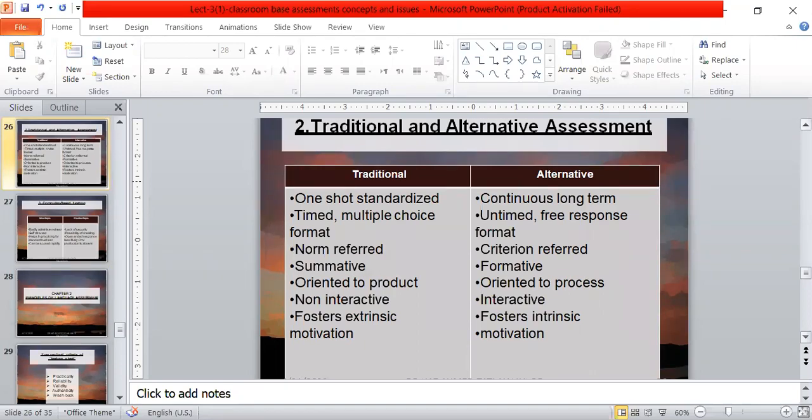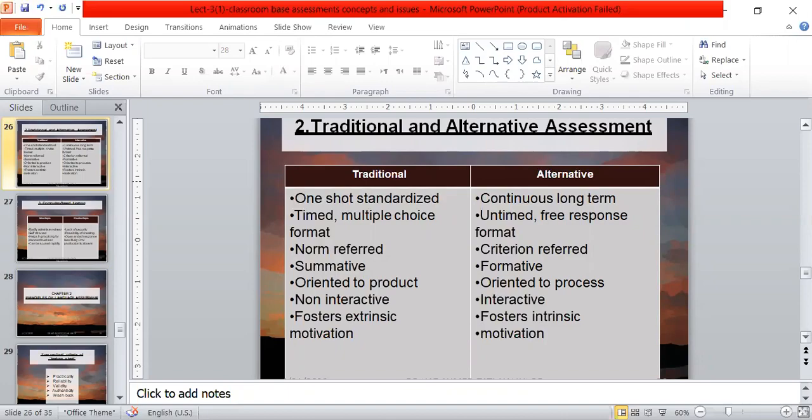Traditional style is basically the conventional style usually going on in the institutions and the classroom. Alternative is some advance and based on the pragmatic approach.